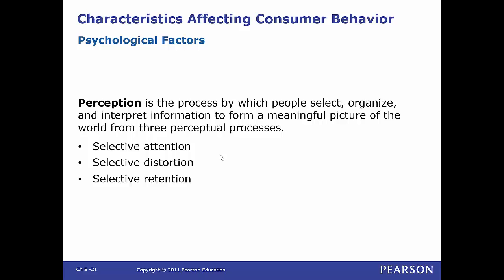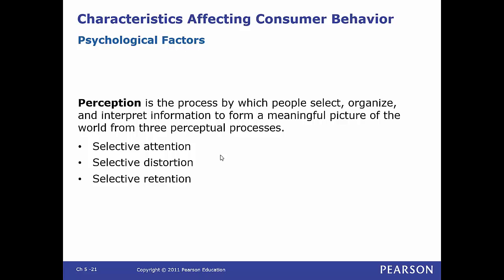The second factor is selective distortion, and selective distortion describes the tendency of people to interpret information in a way that will support what they already believe. That means selective distortion is related to your beliefs, the things that you believe in. Therefore, marketers must study the consumer's mindset in order to make advertisement messages reach this level of selection.